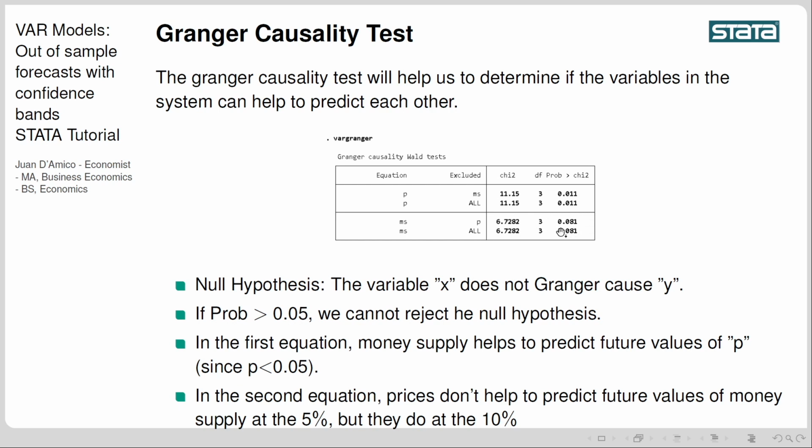So at the 5% significance, it doesn't predict, but at the 10%, we can say that prices do help to explain money supply. So it's kind of in line, and we're going to see that, of course, these results are sensible. So let's move forward now.